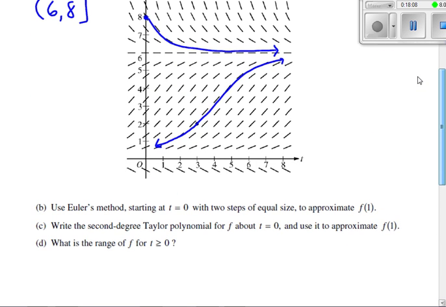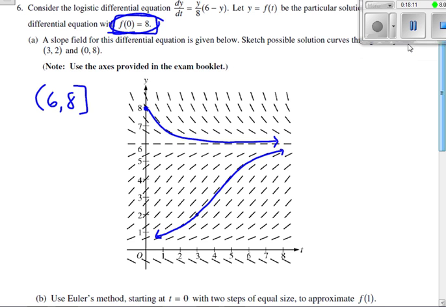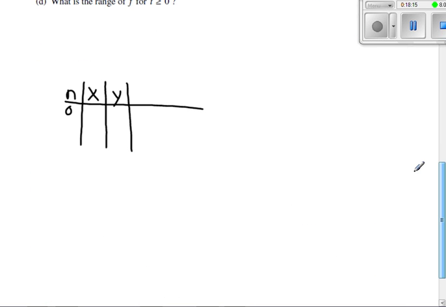Starting at t equals 0, and I want just that function at 0, 8. So x is 0, y is 8. And here's how you remember it: it's the equation of the tangent line. The new y value, y sub n, is equal to the one that you just used, y sub n minus 1, plus the slope times the step size.